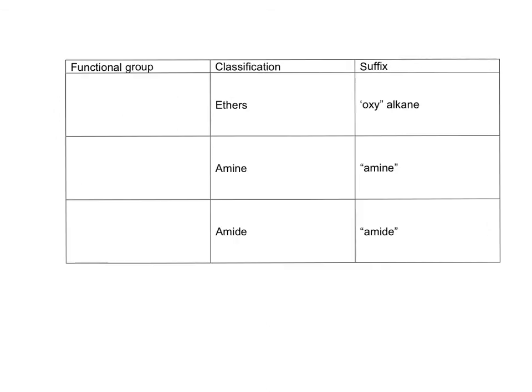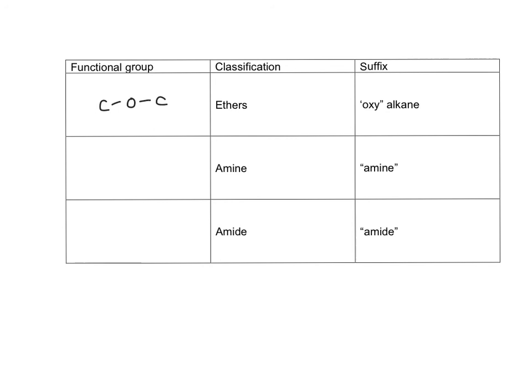Ethers are basically two carbon chains that are connected by an oxygen. So these are called ethers. So if you don't have a carbonyl group, you just have a COC, and of course those are basically R groups. There's different chain lengths on either side, and the suffix for these is oxy followed by an alkane name.